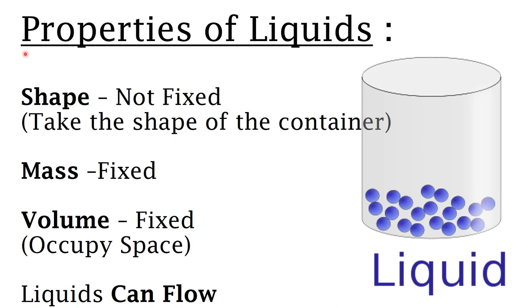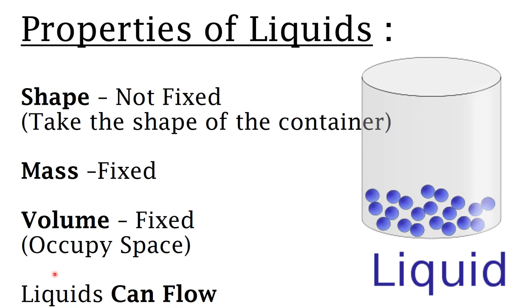Let's now discuss properties of liquids. We all know that liquids do not have a fixed shape. Rather, they take the shape of the container in which they are kept. Mass, yes, they have fixed mass. As far as volume is concerned, it is also fixed.